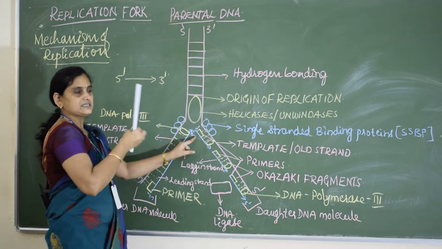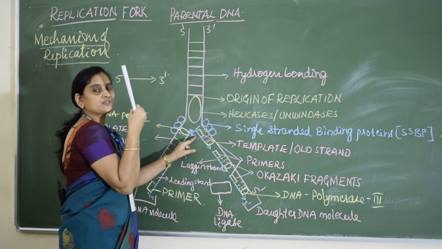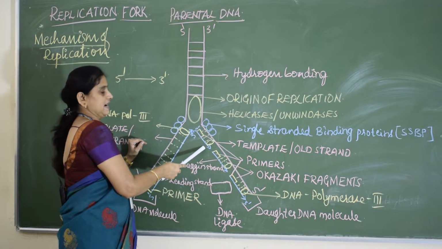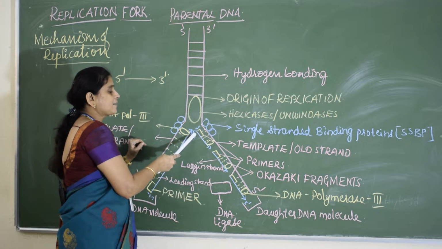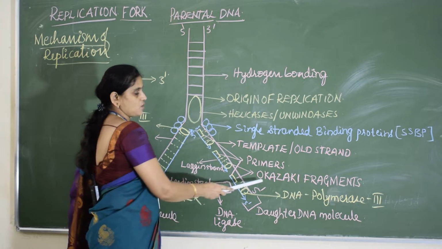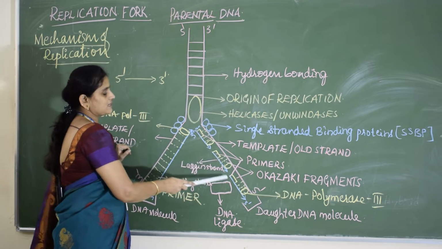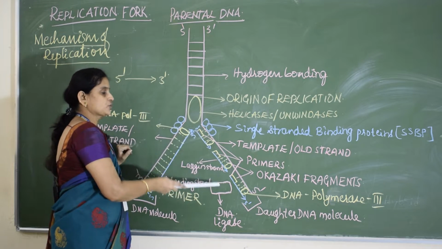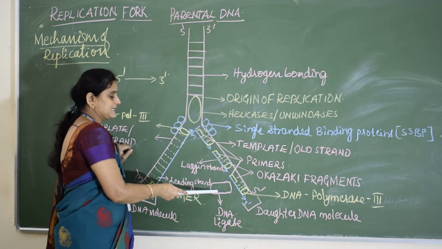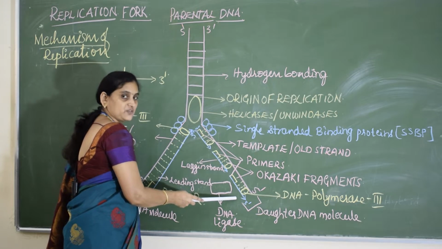Hence, as it is stretched open into small patches, complementary to that extent only, fragments of DNA will get synthesized, and those DNA fragments are called Okazaki fragments. Now all these Okazaki fragments join together by sealing their sugar phosphate backbone by the enzyme DNA ligase to form a continuous stretch of a strand.